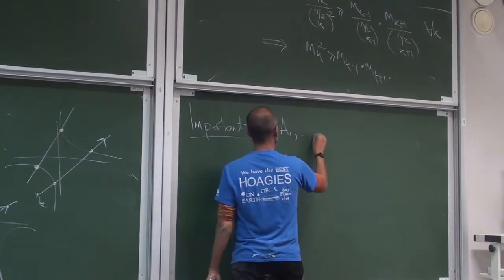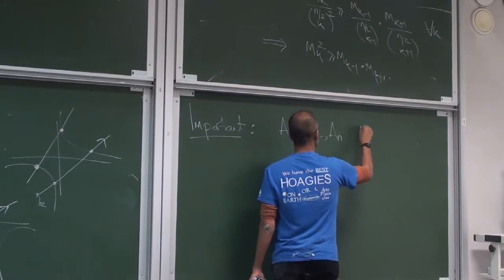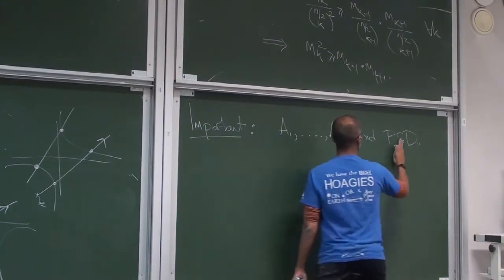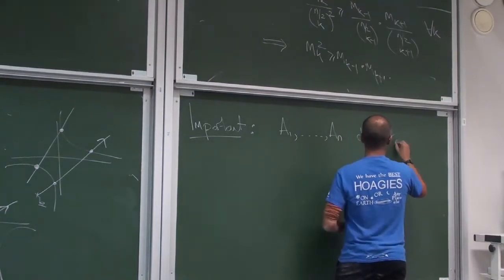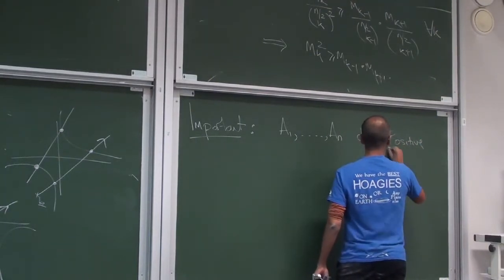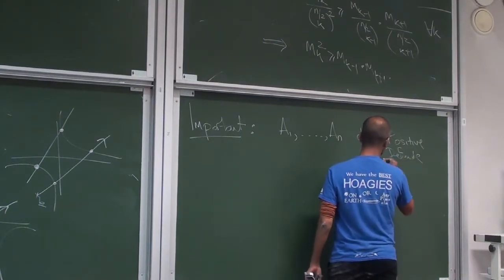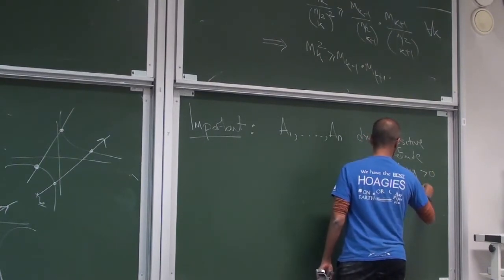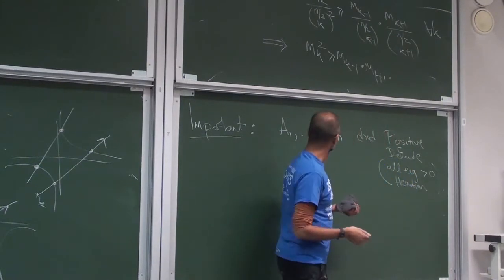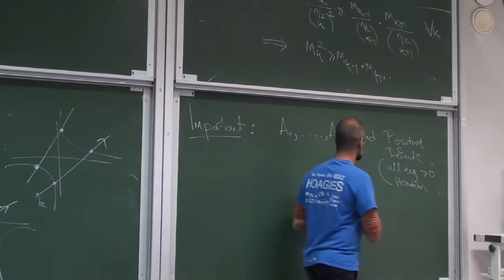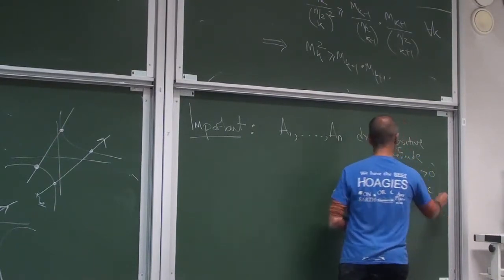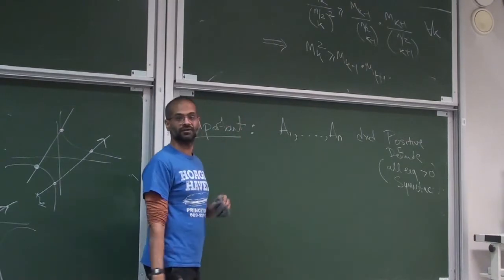Suppose I have n d by d positive semi-definite matrices, say positive definite matrices. So what that means is that all eigenvalues are positive and the matrices are Hermitian. Let's say real symmetric is also good enough. Okay? So suppose I have n matrices like this.